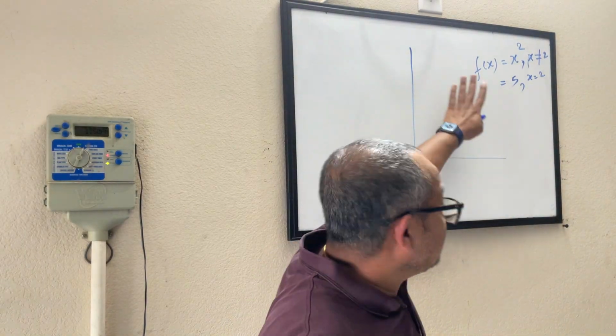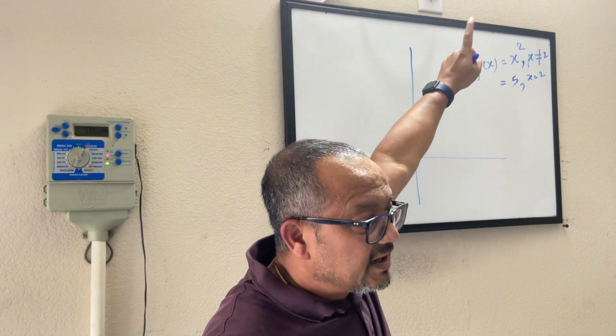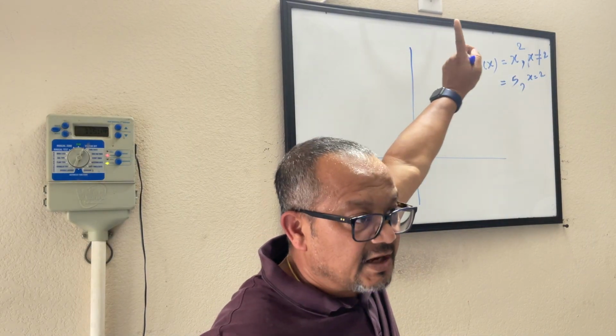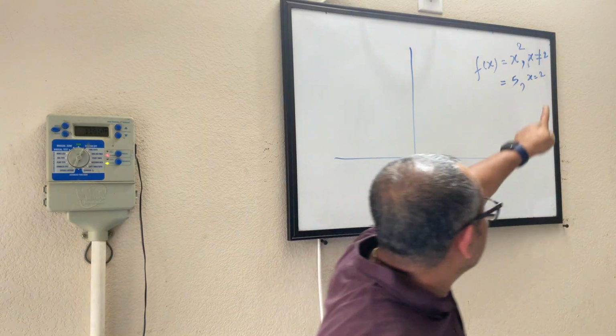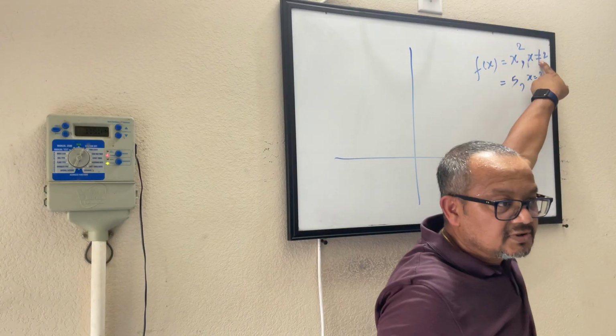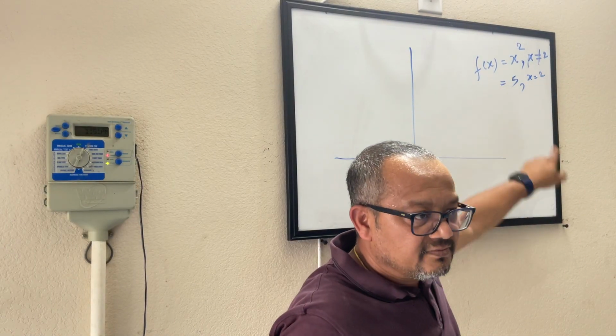So I have a function which says the value of the function will be equal to x squared for all scenarios except x equal to 2. And when x is equal to 2, f(x) will be equal to 5.